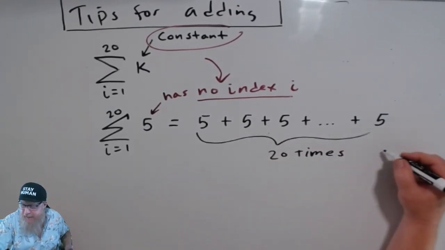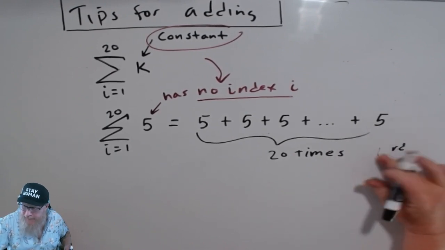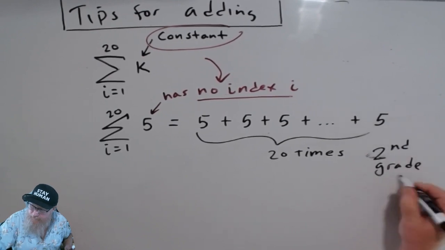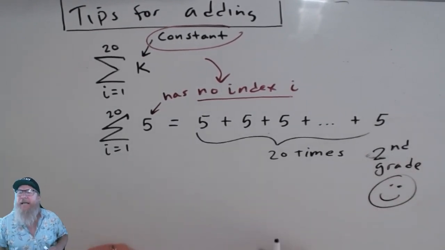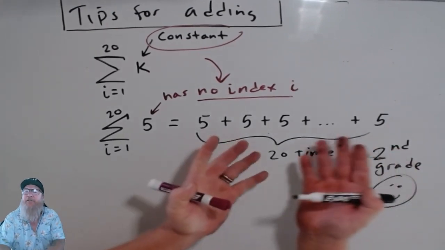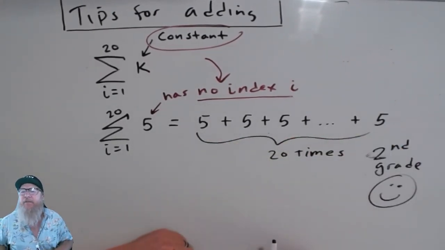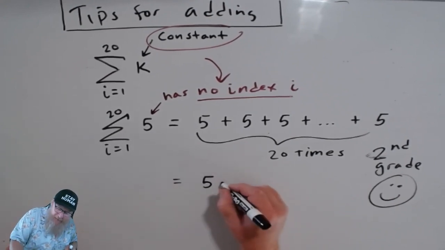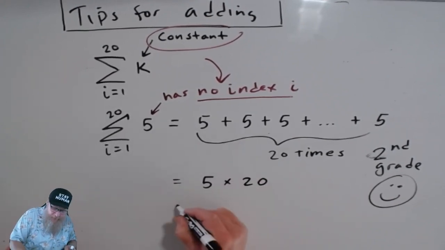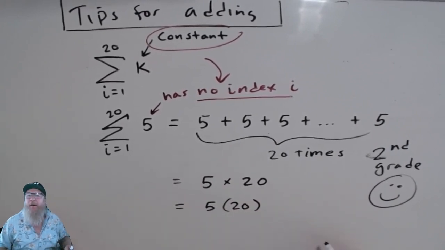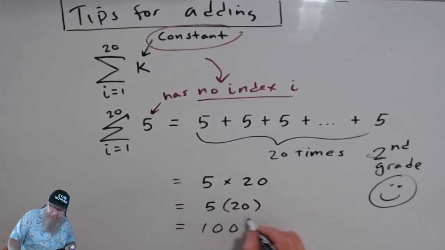You learned this in like 3rd grade, probably 2nd grade. That was back when math was easy, right? Your teacher says, I want you to add up 5 plus 5 plus 5, and I want you to do it 20 times. That's just 5 times 20, or in parenthetical notation, 5 parentheses 20, which is 100.